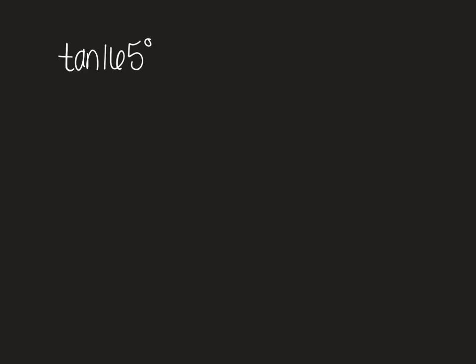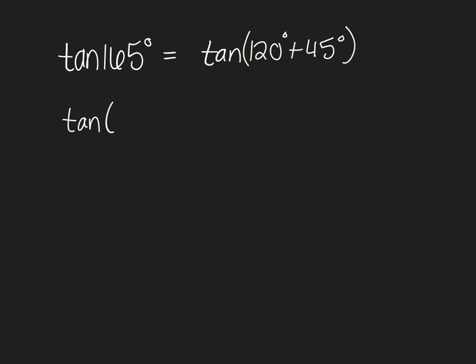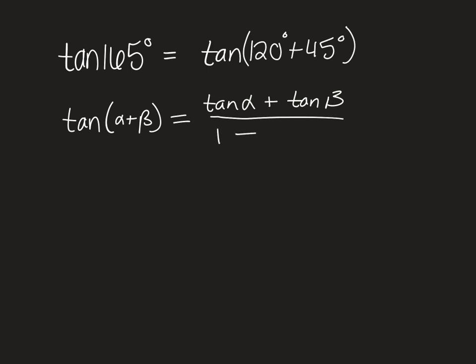Alright, so we have tangent of 165, so we'll go ahead and write that. We'll use our 120 and 45 again. So tangent 120 plus 45. So then our formula for tangent, tangent alpha plus beta is tangent alpha plus tangent beta over 1 minus tangent alpha times tangent beta.